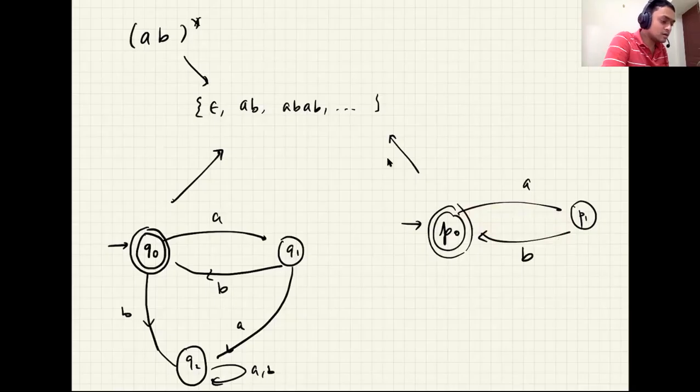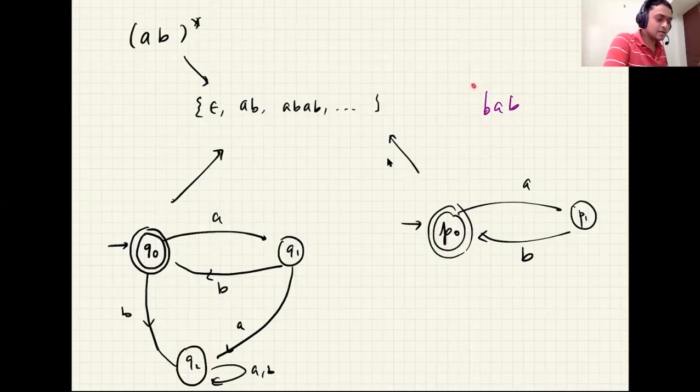But if I take the word BAB, so starting from here, there is no way to read a B. So the automaton cannot even read the word. So this word is rejected. It's like the automaton gets stuck. Here the automaton is not getting stuck on this, but it ends in a reject state, so it will reject it. In this, it is just getting stuck. So anyway you reject it.